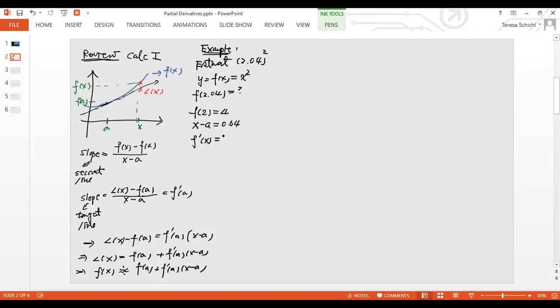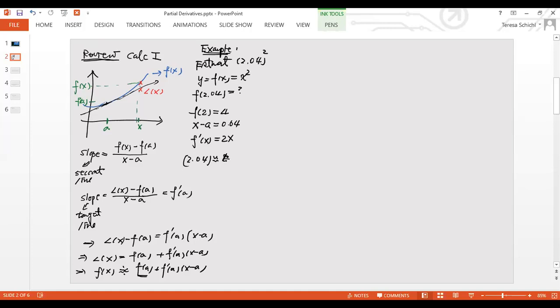Okay, so now I can take a look at f prime of x also. The f prime of x is 2x. So that's why the value at 2.04 will be very close to f of a plus f prime a times x minus a. f of a is, I'm sorry, 2 squared, so it's 4.